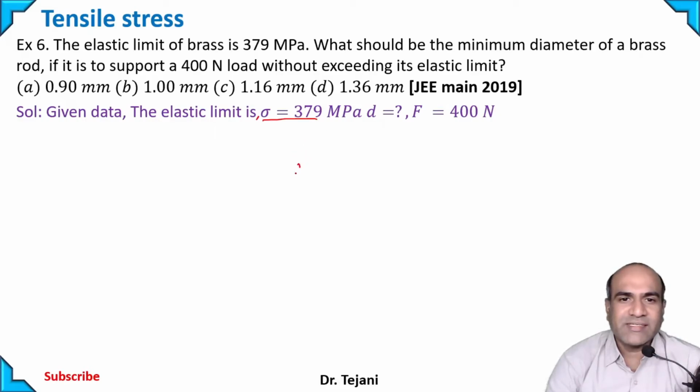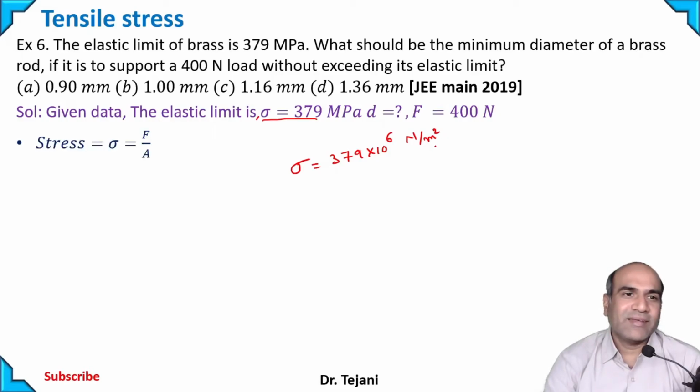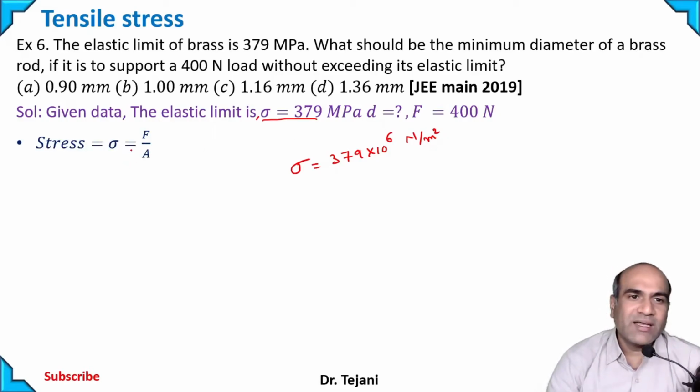Let's convert this sigma: 379 multiplied by 10 power 6 because of the mega, and pascal becomes Newton per meter square. Stress, sigma, is F by A. We need to find the area, that means the diameter, so we move the area to the opposite side.